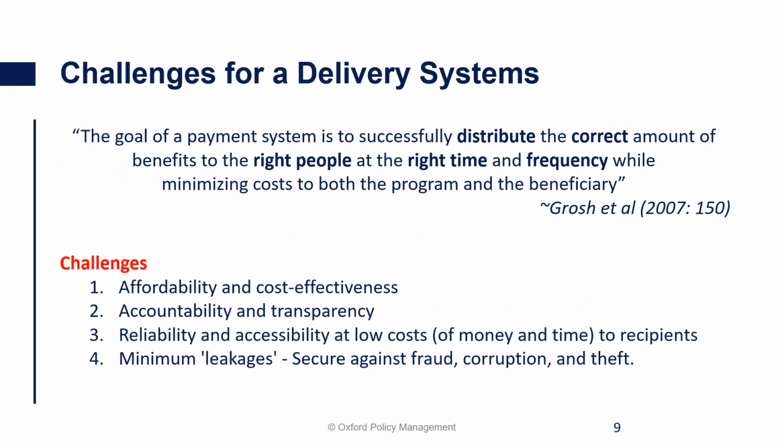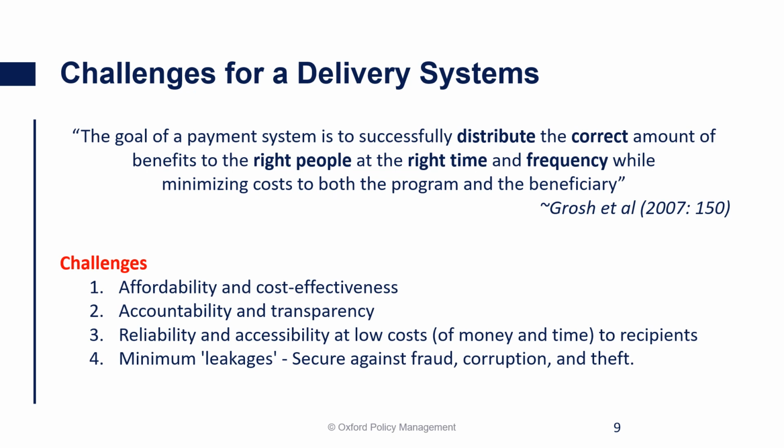So the delivery system is very much prone to challenges. And what are these challenges? The goal of a payment system is to successfully distribute the correct amount of benefits to the right people at the right time and frequency while minimizing cost to both the program and the beneficiary. And this approach raises a number of challenges.